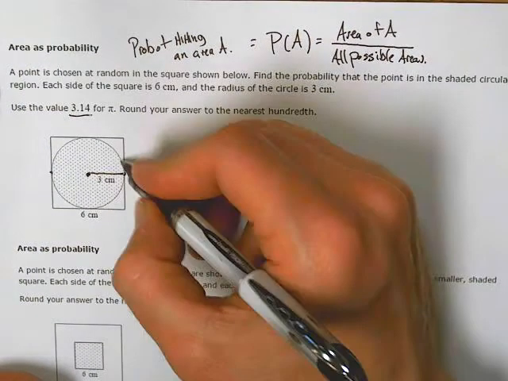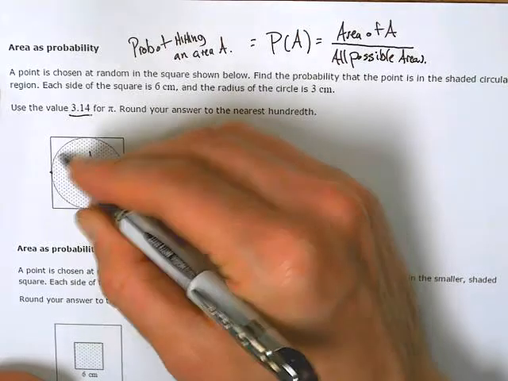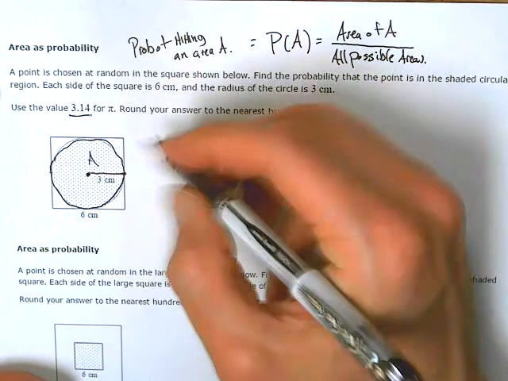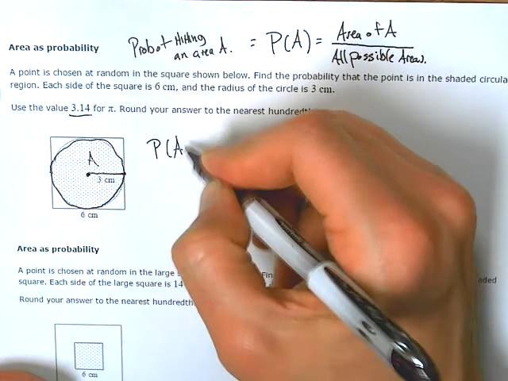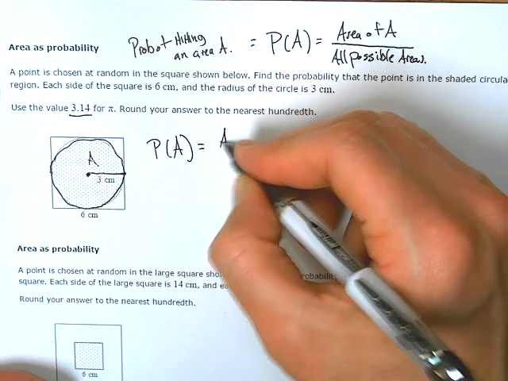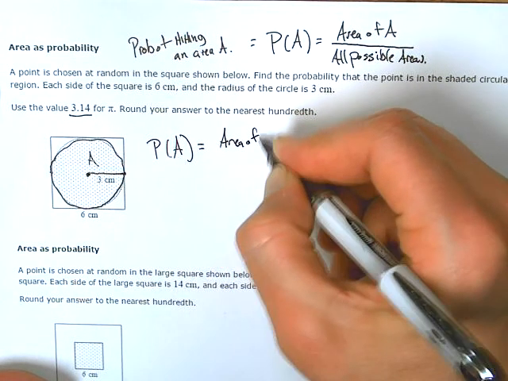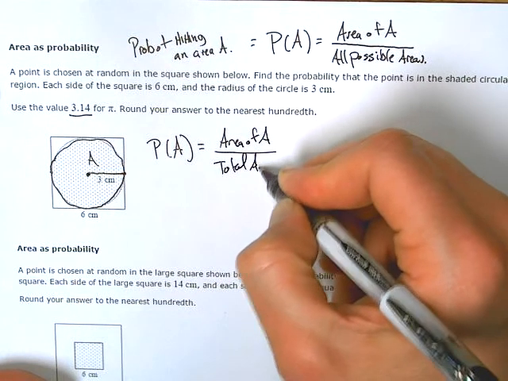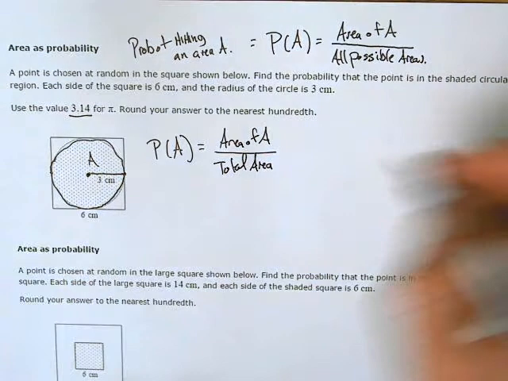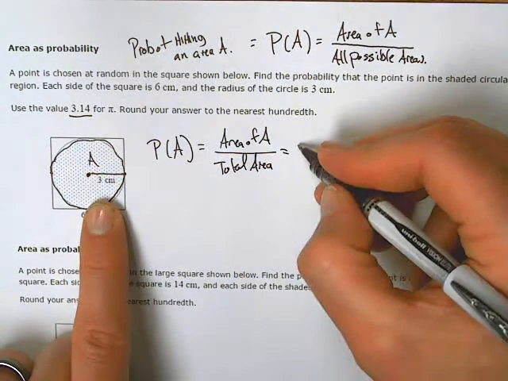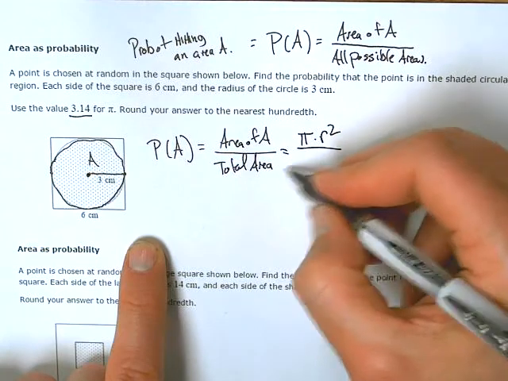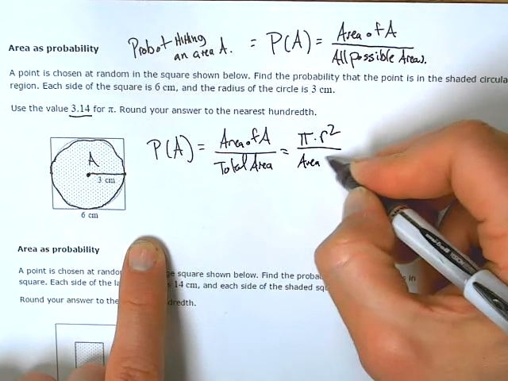So this is my area that I want to hit, right? The circular area. So if I want to find the probability of hitting A, all I have to do is get the area of A and divide that by the total area possible. So the area of A is simple. It's just pi times radius squared. The total area is the area of the square, right?